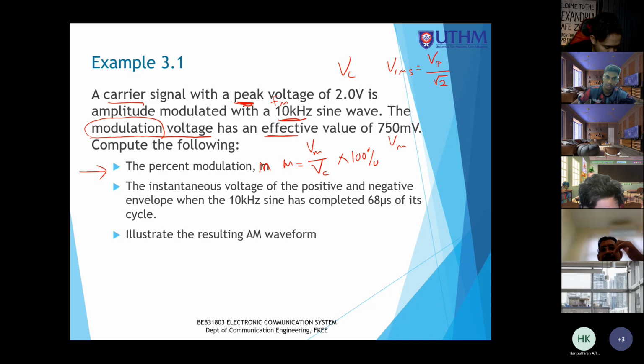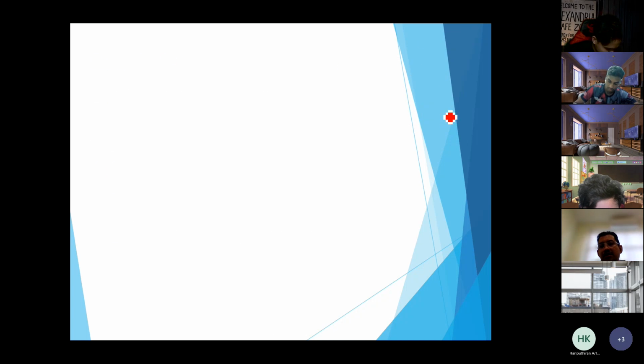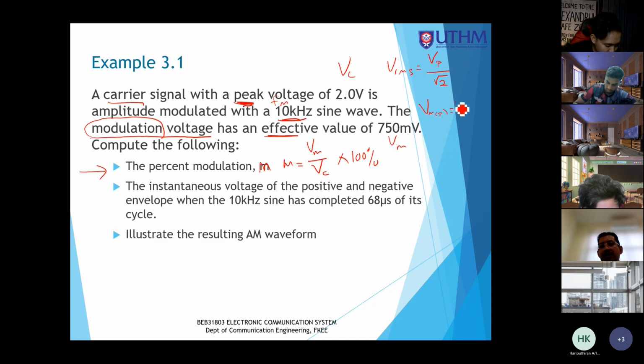Okay, so if you want to find VM peak, so VM peak is equal to VRMS multiplied with square root of 2. So maknanya 750 millivolt multiplied with square root of 2. So you akan dapat berapa ni?